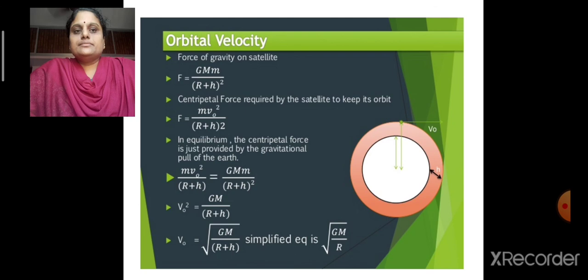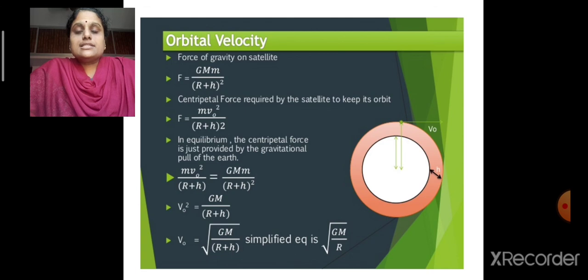In equilibrium, the centripetal force is just provided by the gravitational pull of the Earth. So equating the two forces, we get m v0 square divided by (R plus h) equals GMm divided by (R plus h) whole square, or v0 square equals GM divided by (R plus h), or v0 equals the square root of GM divided by (R plus h).